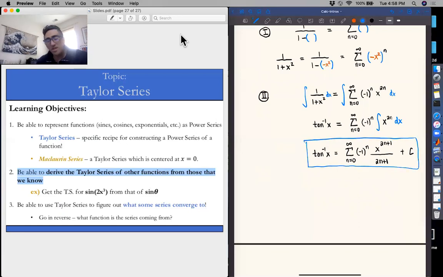But actually, we could do a little bit better than that, because we can figure out what c is in this case. Because we need the left-hand side to equal the right-hand side for all values of x, if you remember, the arctangent's domain is all real numbers.